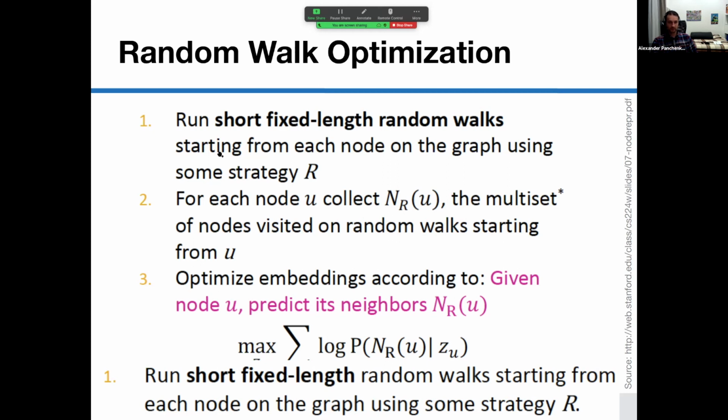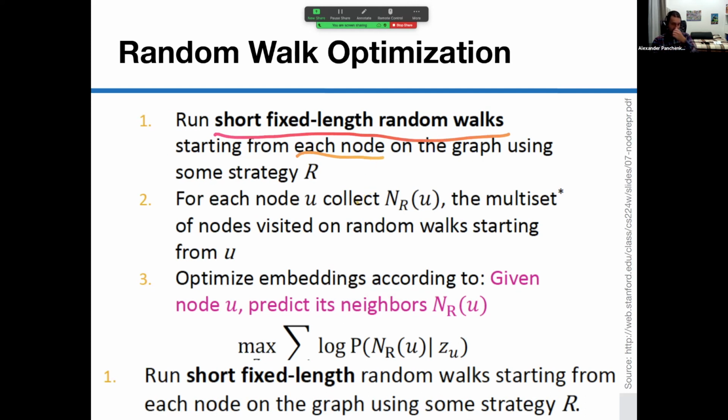If we detail a bit more the different steps of this approach, it will look like this. First you're going to run some short fixed-length random walks on the graph for every node.